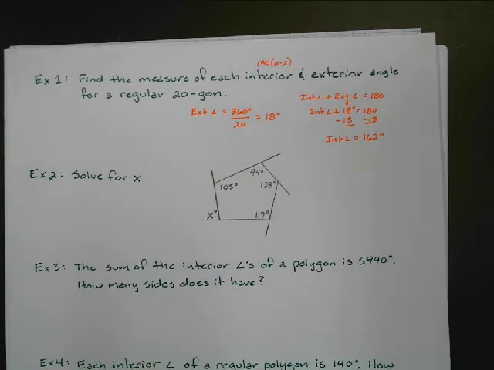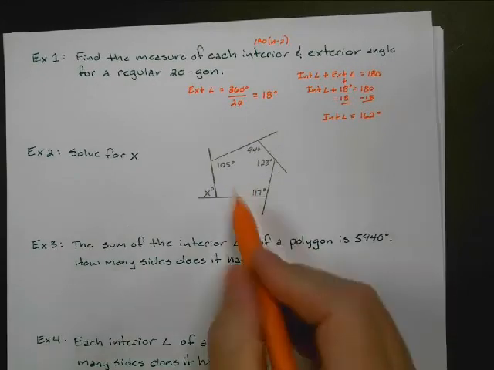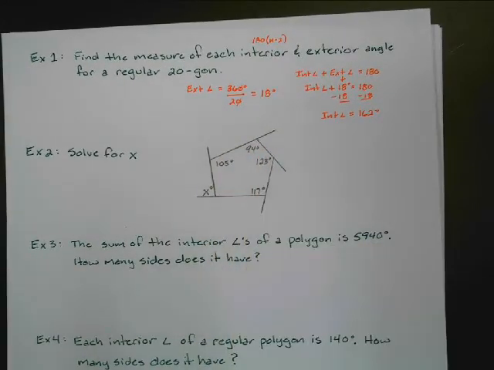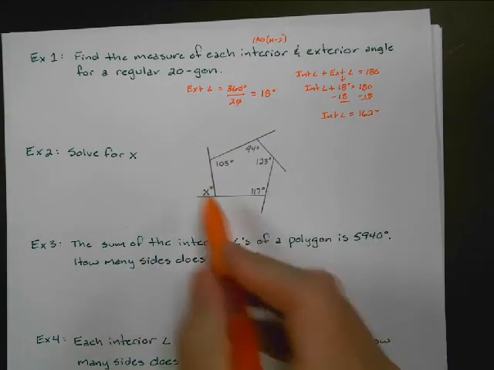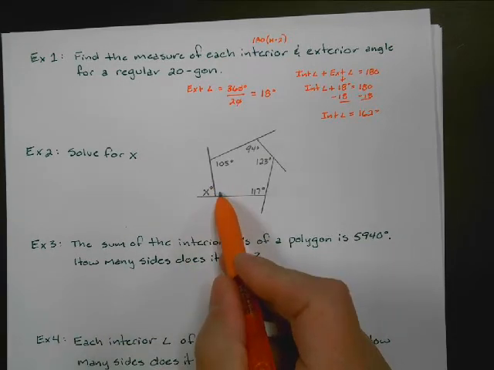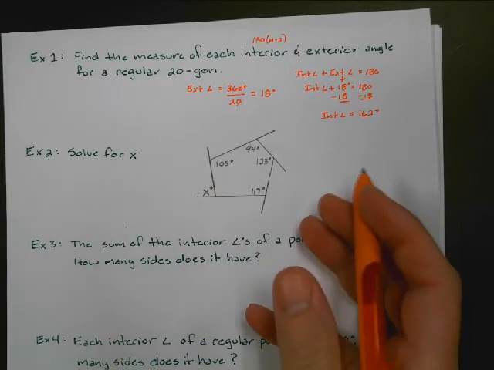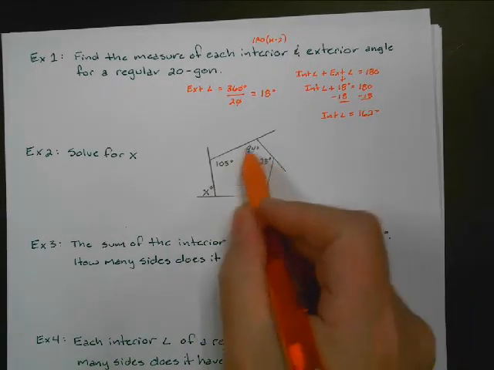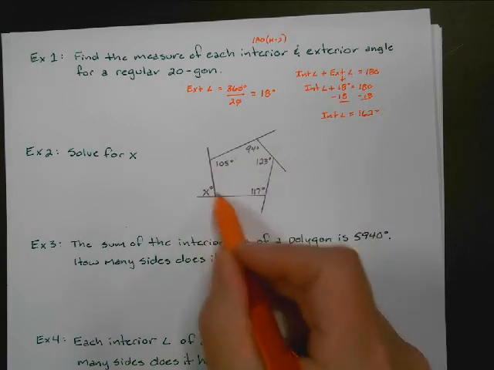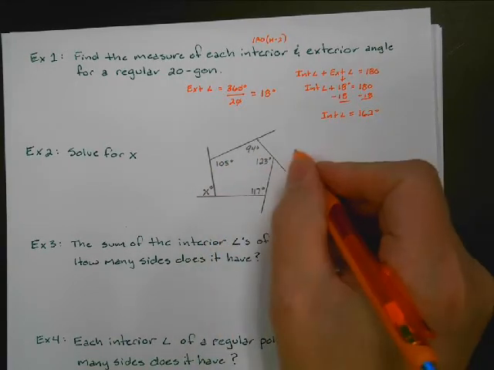All right, next problem. I've got a pentagon. There are 1, 2, 3, 4, 5 sides. I want to find this exterior angle. I'm missing this interior angle. You have a couple ways you can approach this problem. You can say, okay, I know that all of these angles here should be 180.